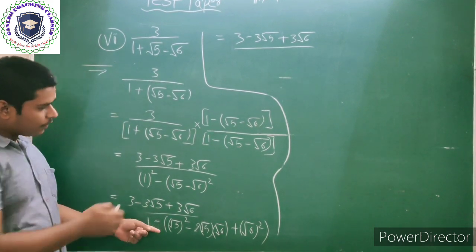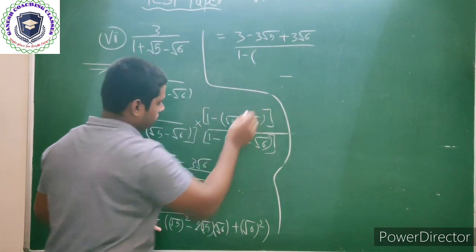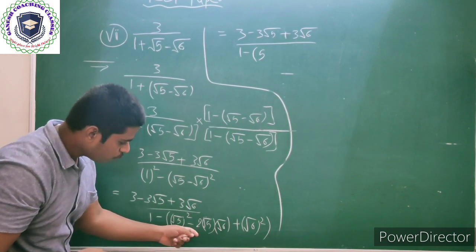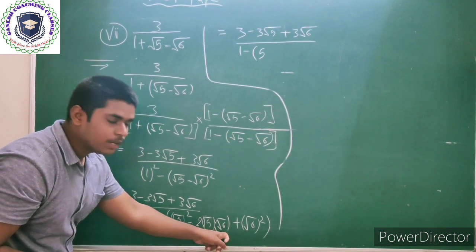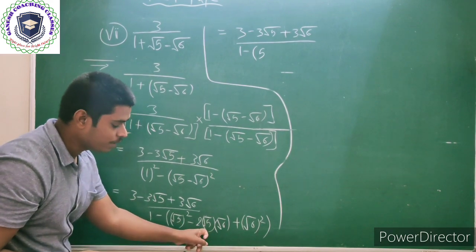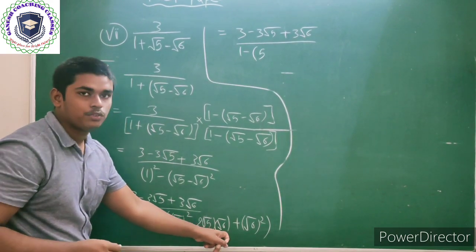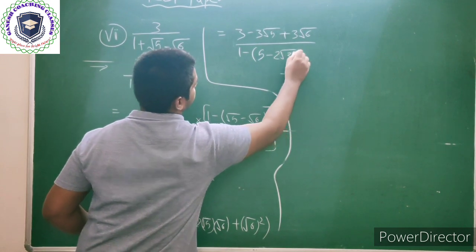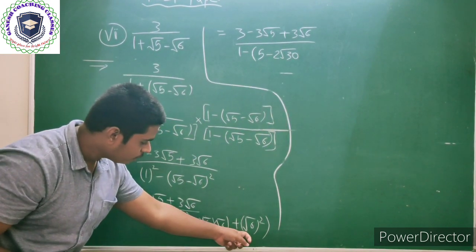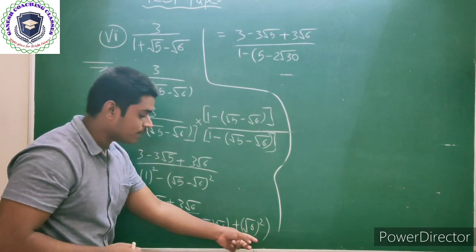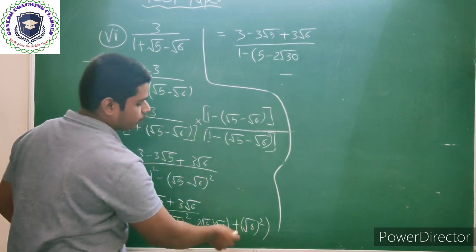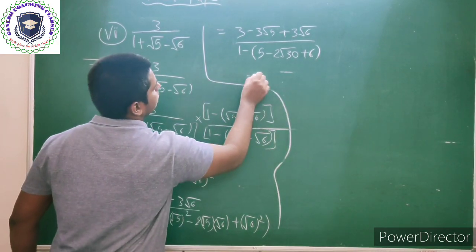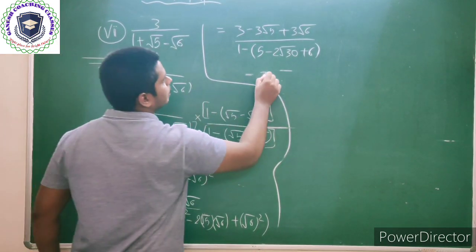Now we simplify: root 5 the whole square is 5, and 2 into root 5 into root 6. We can combine them in a single root, 5 into 6, 5 6s are 30, so 2 root 30. The final term is root 6 the whole square, which is only 6. So the numerator we will write as it is.